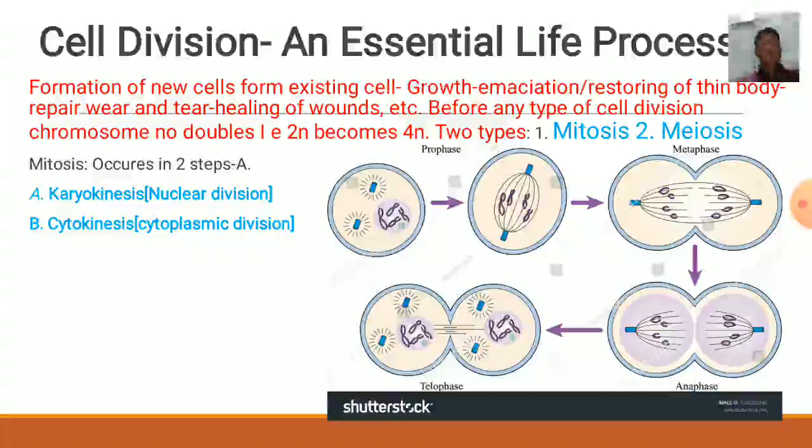Second step, metaphase. The nuclear membrane completely disappears in metaphase. Chromosomes complete their condensation and become clearly visible along with their sister chromatids.